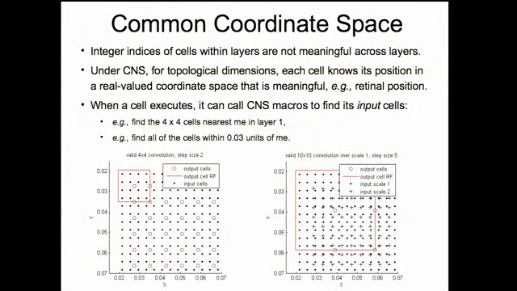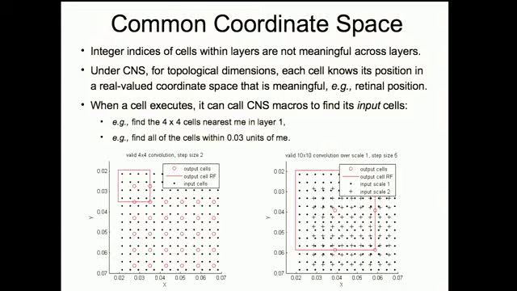I mentioned that CNS simplifies the way in which we get the cells, the values of the cells in the receptive field of a given cell in a layer. This is done using a common coordinate system in which the integer indices of the cells within a layer are mapped to a real valued space, a real valued two-dimensional space, which facilitates our ability to get the cells in receptive fields.